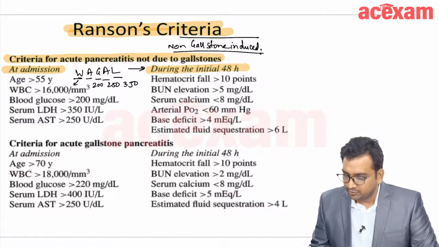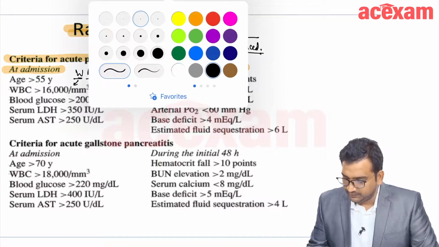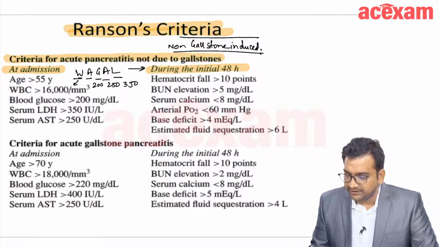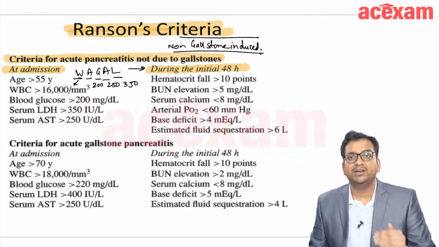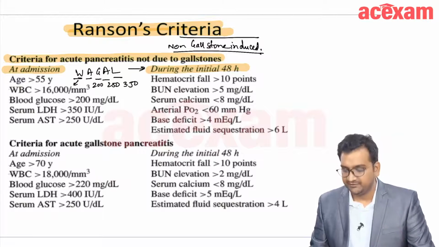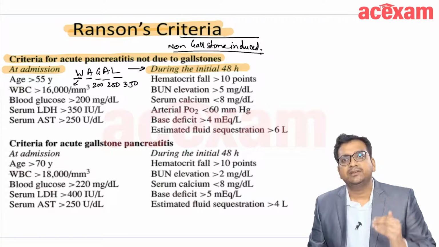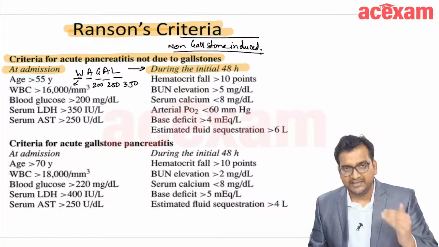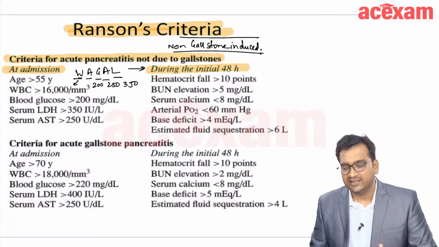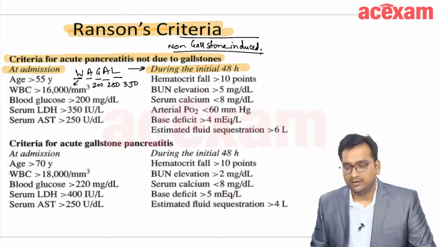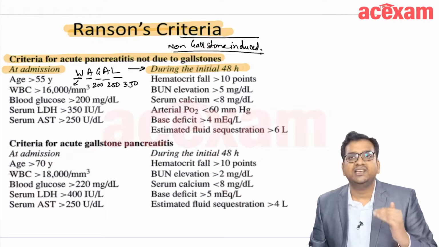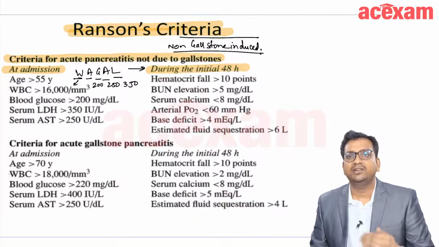So what is the criteria here? Hematocrit falling more than 10 points, blood urea nitrogen elevation more than 5, serum calcium decreasing to less than 8, PaO2 less than 60, base deficit more than 4 milliequivalent per liter, and estimated fluid sequestration more than 6 liters.